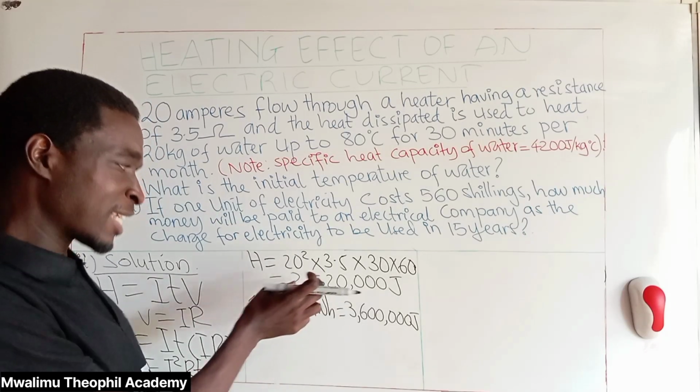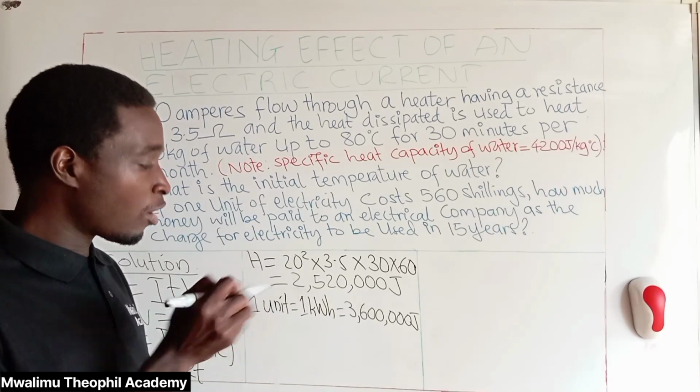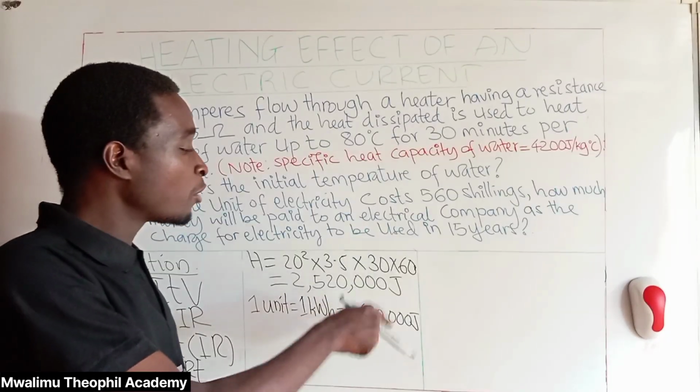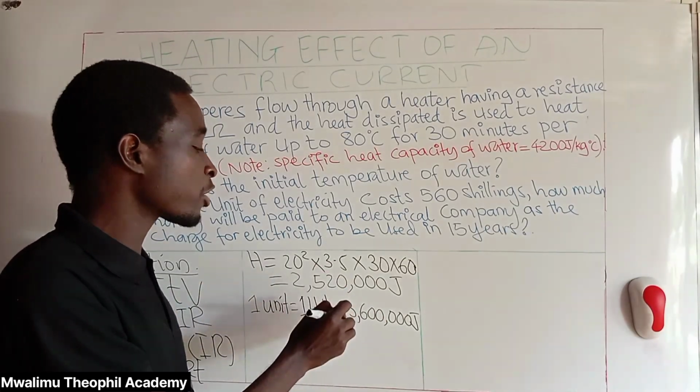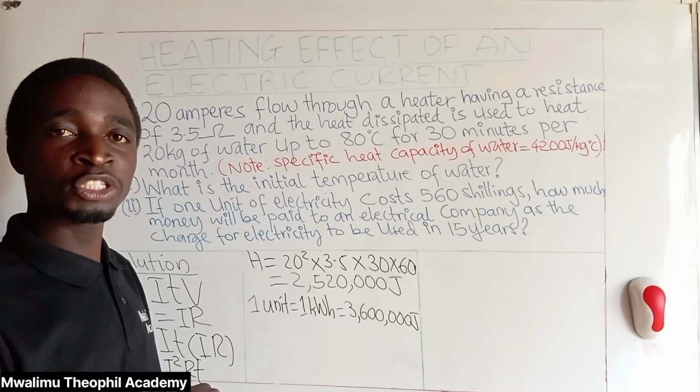We have to take this obtained value over the amount of heat energy within 1 kilowatt-hour, which is 3,600,000 joules.